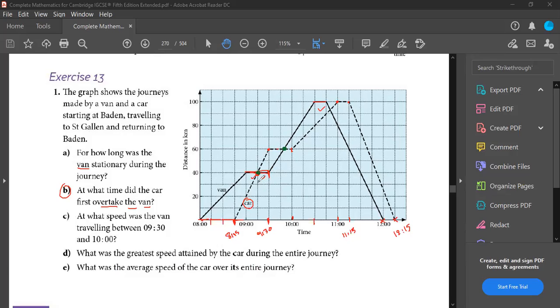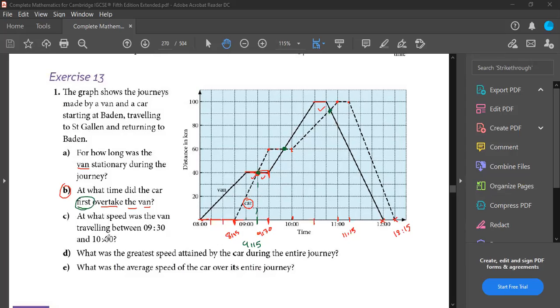So this point. What was the time? 9:15. Yes, 9:15. The first overtake, because the first overtake is the car overtaking the van. The second is the van overtaking the car. Then the third one is the car overtaking the van, and so on.